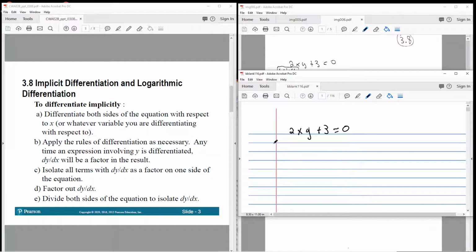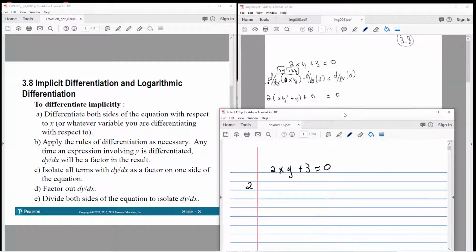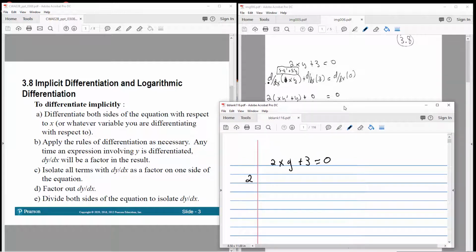So what I can do here is factor out the 2, and then I'm taking the derivative of that part here, d/dx of this function here, xy.